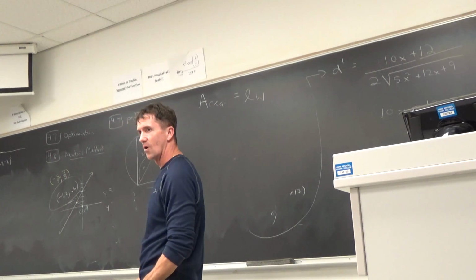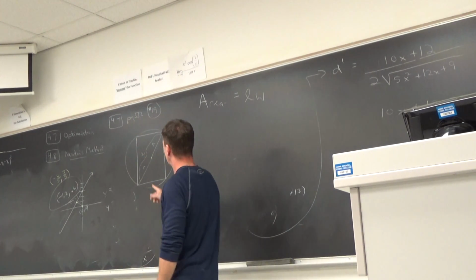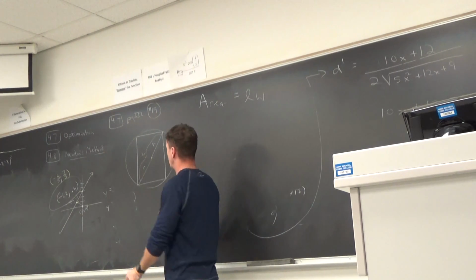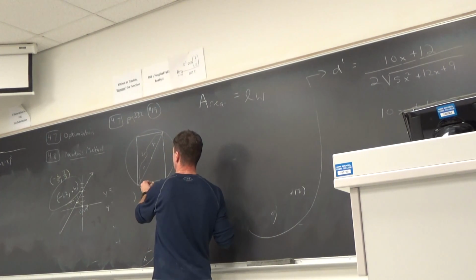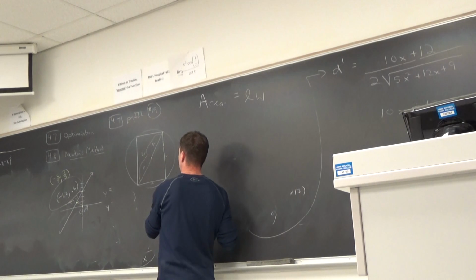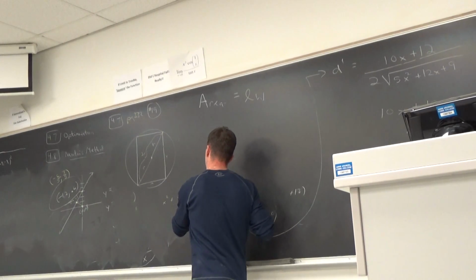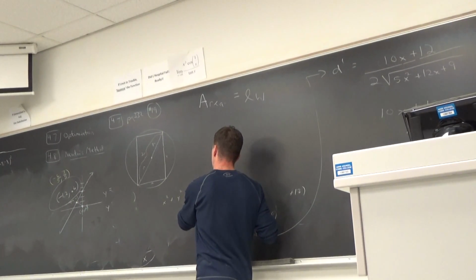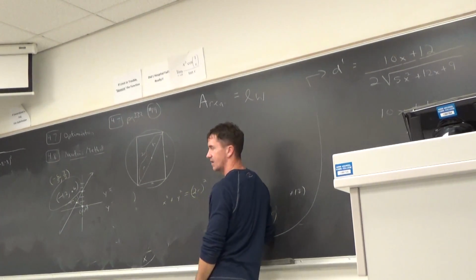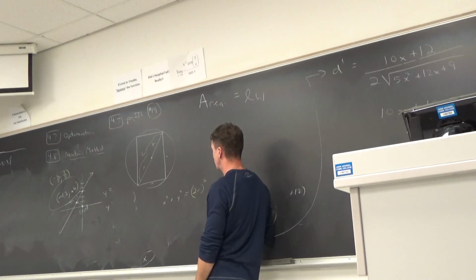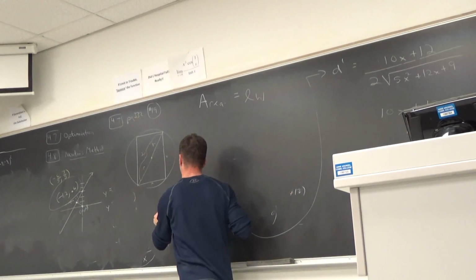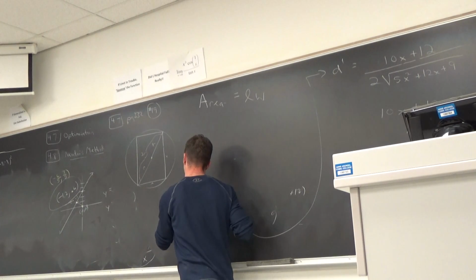Oh, so you're saying this is 2r, and you're saying this is x, and that's y. So x squared plus y squared must equal what? 2r squared. Okay. Now what's 2r squared? 4r squared.